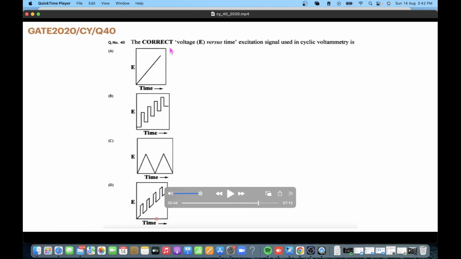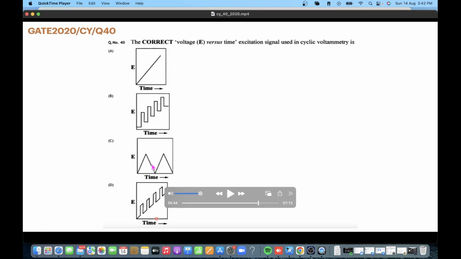Coming back to my question, what was asked is the E versus time, that was the excitation signal in cyclic voltammetry. You can see that I have one very probable answer, that is C, correct. This is the triangular waveform. It is not violating any of the 4 parameters that we have discussed.